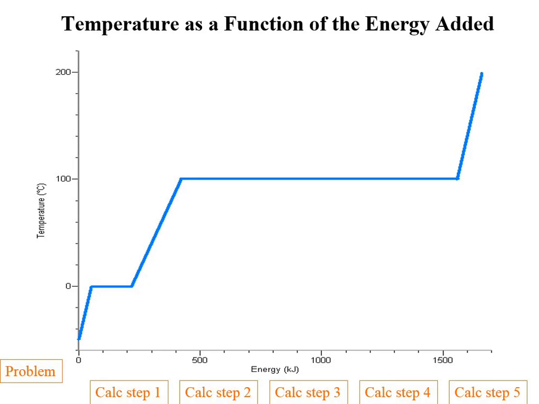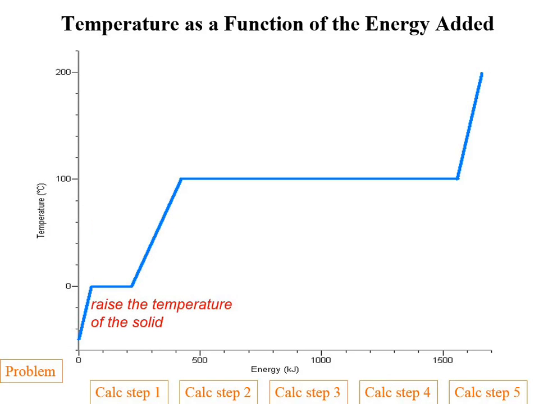It's going to start as a solid, and at 0 degrees Celsius, it's going to liquefy. But we need to talk about how much energy is required to take that solid from -50 up to 0 degrees Celsius.